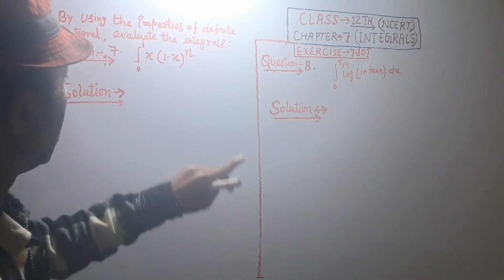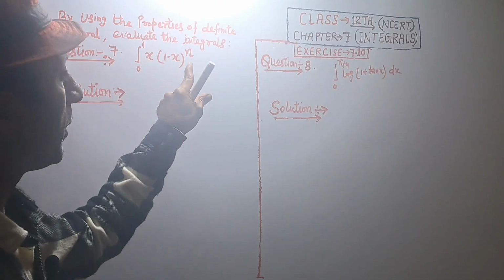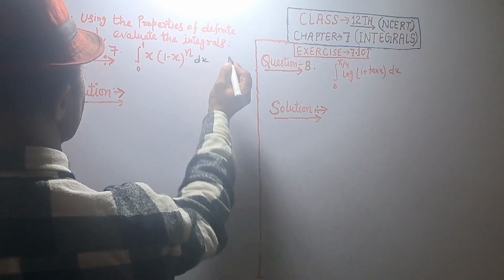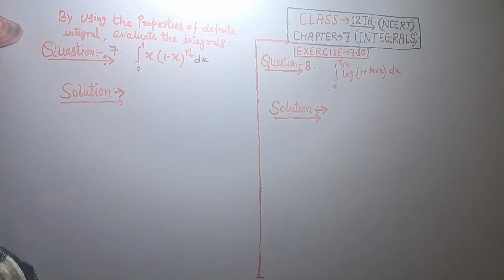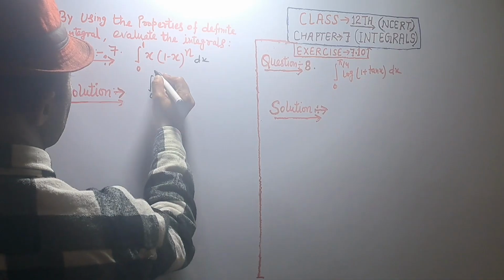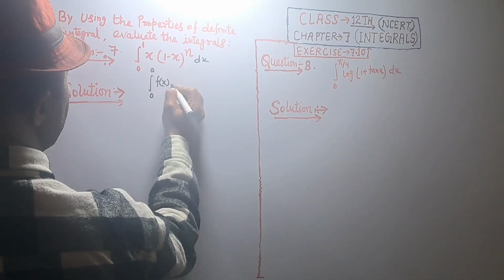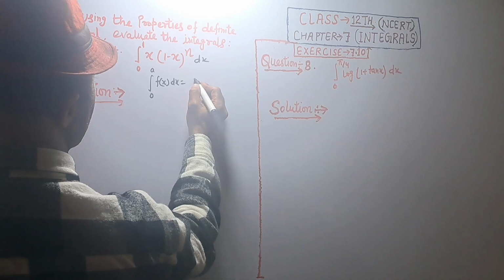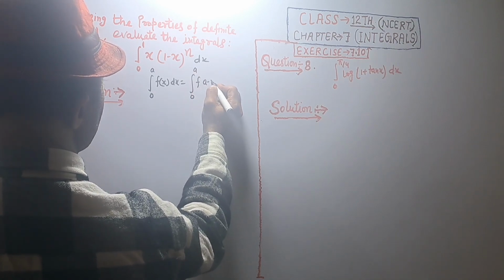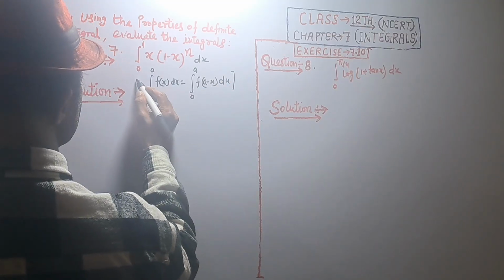Question number 7. Integration from 0 to 1 of x into (1 minus x) raised to power n dx. That is formula: integral from 0 to a of f(x) dx is equal to integral from 0 to a of f(a minus x) dx.